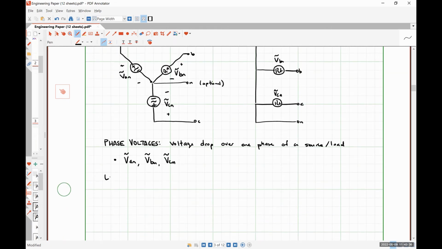There are also what are called line voltages.